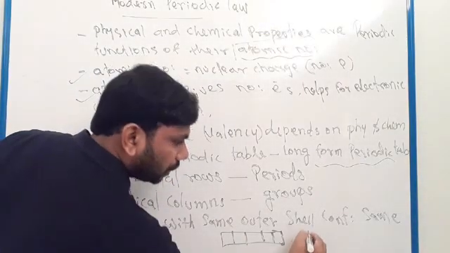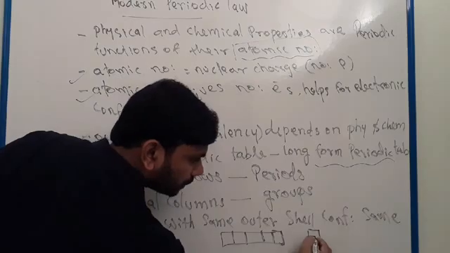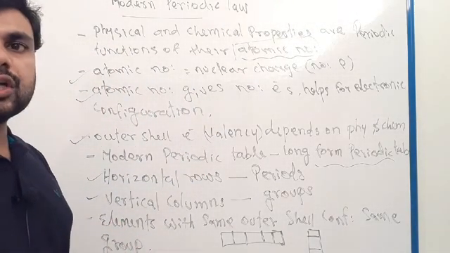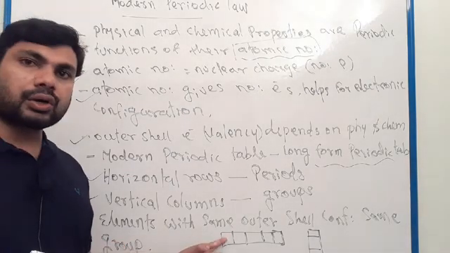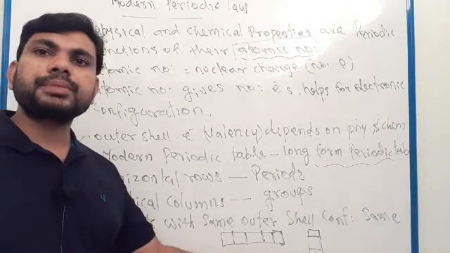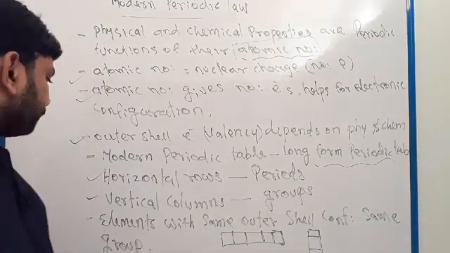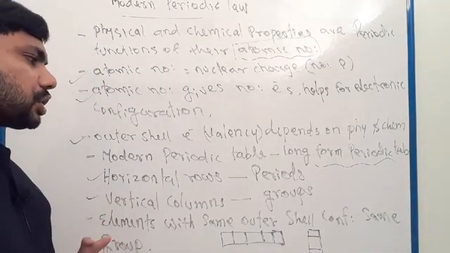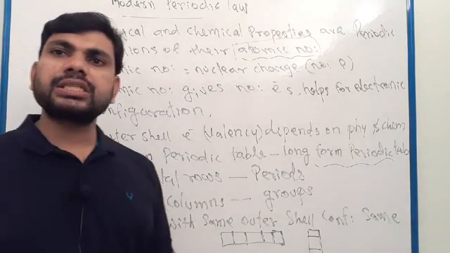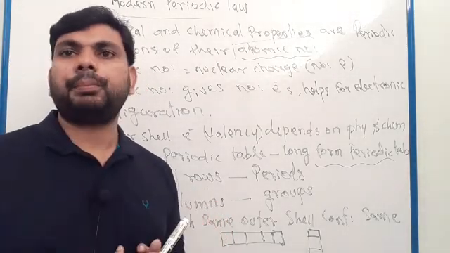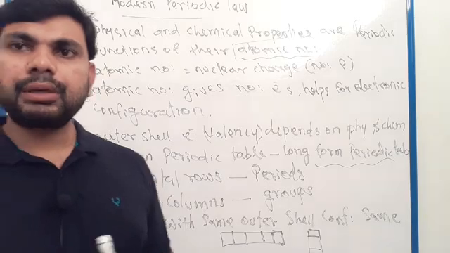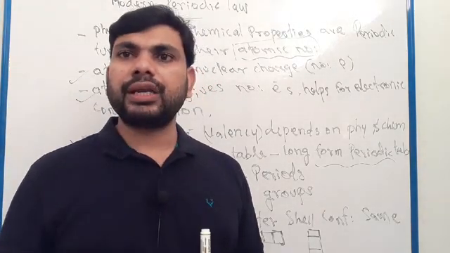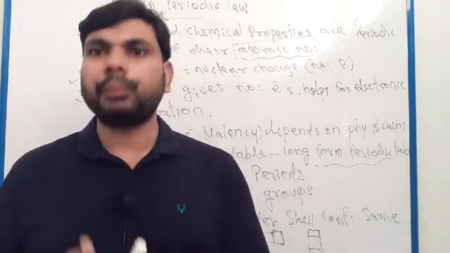Vertical columns are called groups. Clear? So elements with the same outer shell electronic configuration come in the same group. In the modern periodic table, elements with the same outer shell electronic configuration will be in the same group.